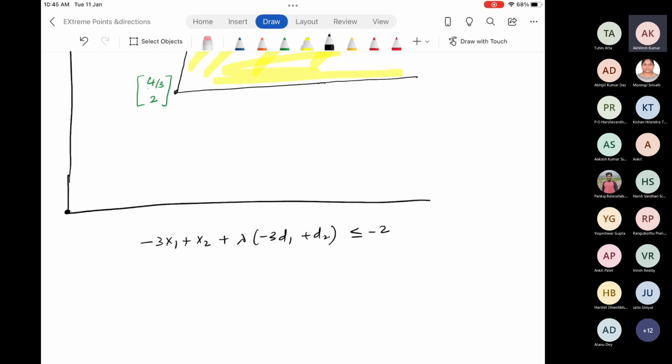Do we need to write every equation in this form to find the directions? All of you agree that what we are doing is correct to find the direction?